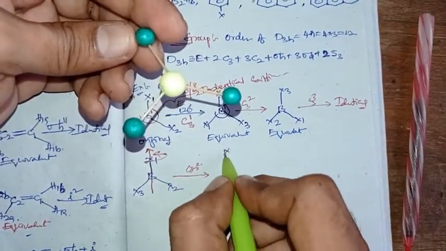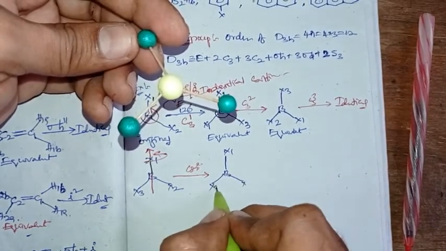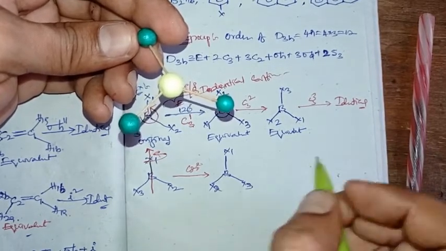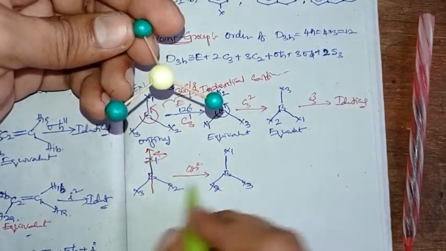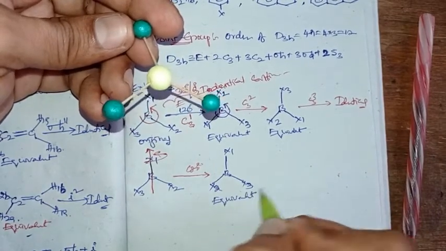So boron and X1 remain the same, whereas the other two halogens, X2 and X3, exchange their positions. When we compare these two, it is an equivalent configuration, isn't it?